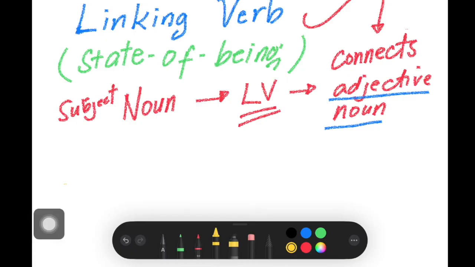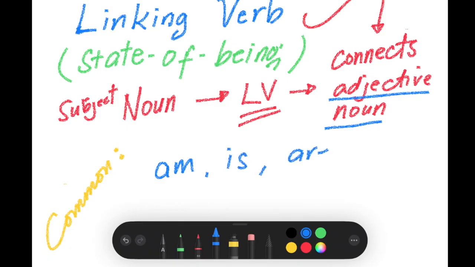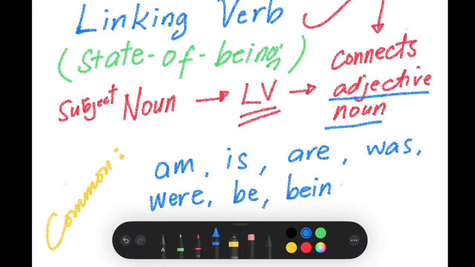The most common linking verbs are am, is, are, was, were, be, being, been.